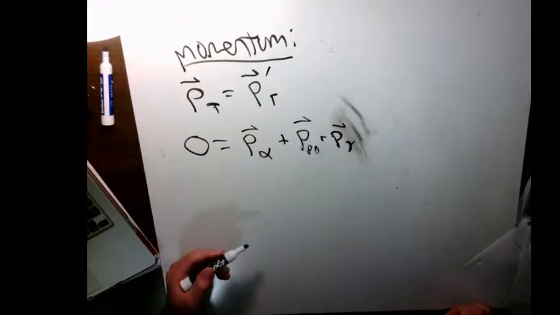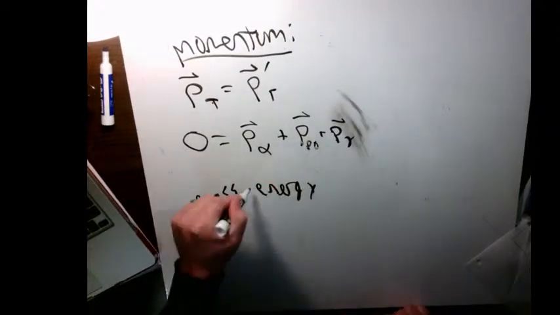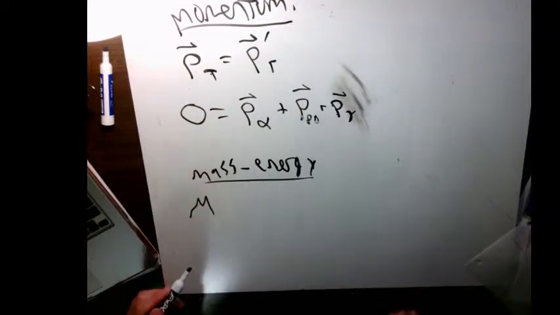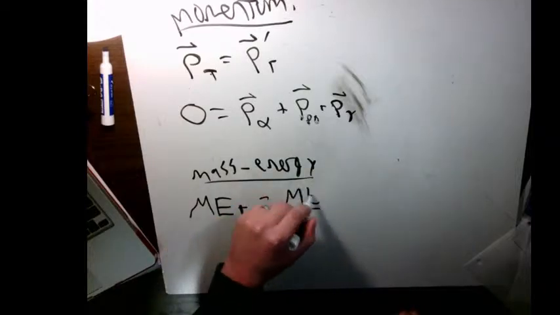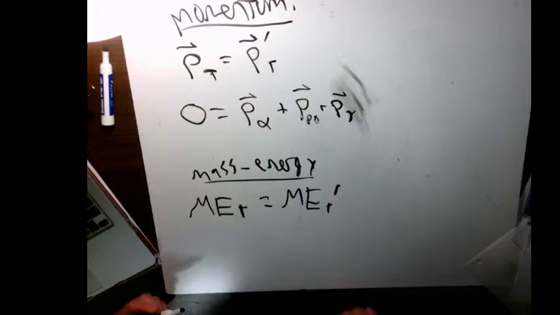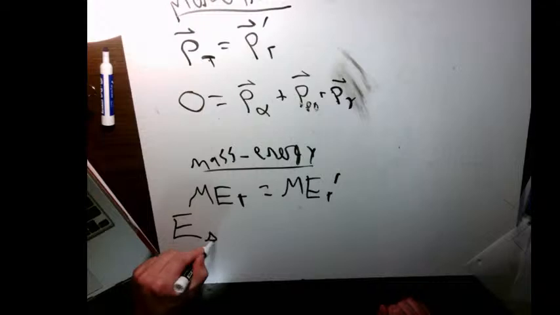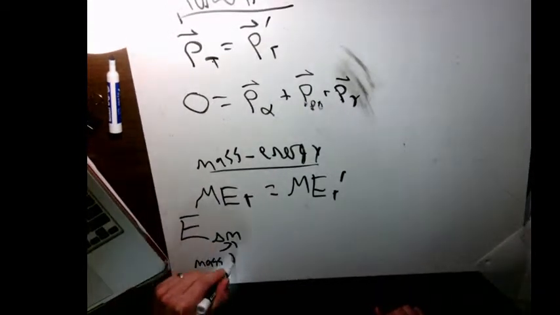All right, finally, our conservation of mass energy. We need our total mass energy at the start to be equal to the total mass energy at the end, our prime situation. So total energy at the start is always going to come from our mass defect, because we don't have any other way to have energy from this parent nucleus at rest.